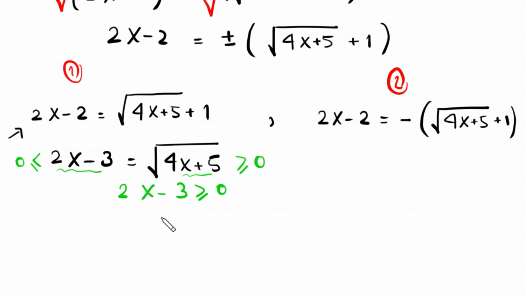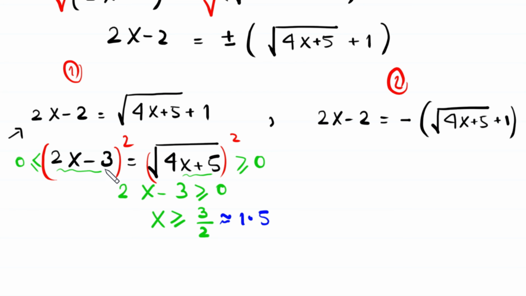This implies that x must be greater than or equal to 3 over 2, which is approximately equal to 1.5. We take a square of both sides of this equation.